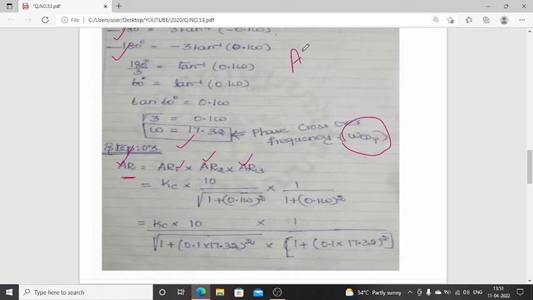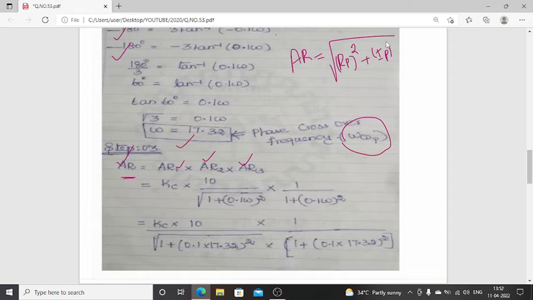The general formula: amplitude ratio is equal to root of the real part squared plus the imaginary part squared, that is, root of RP squared plus IP squared.